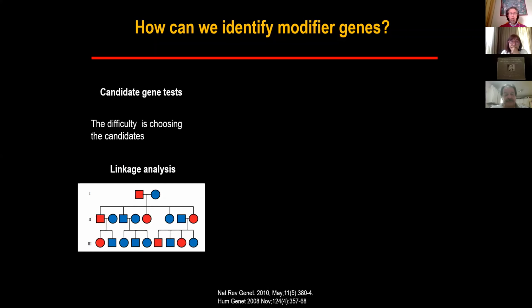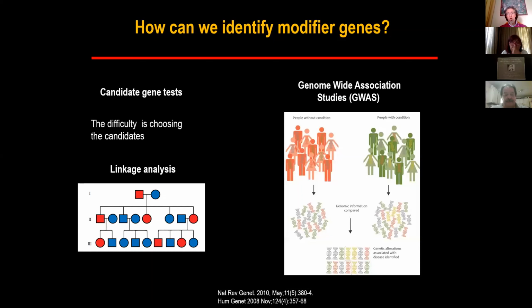Another option would be to use linkage analysis, and for that you need very large families where you have patients presenting with the disease and different clinical symptoms, which are really hard to find. So it has been really difficult to identify modifier genes using this strategy. Another approach would be to use genome-wide association studies, or GWAS.